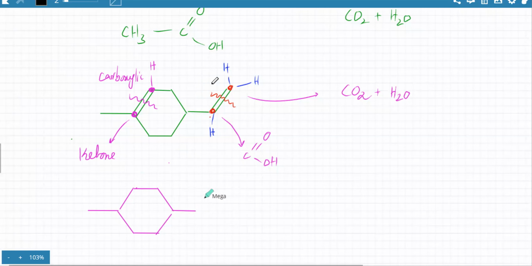So this was how the molecule actually looked initially, right? You got rid of the double bonds. So I'm going to draw the final product now. The double bonds are gone.